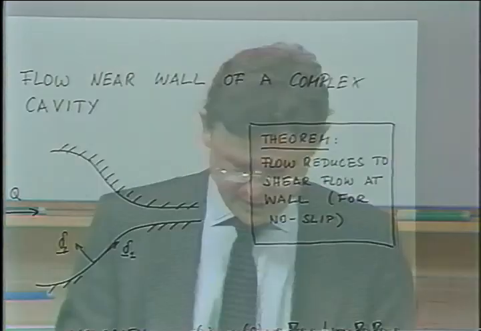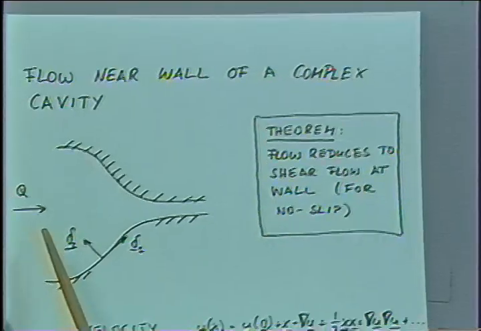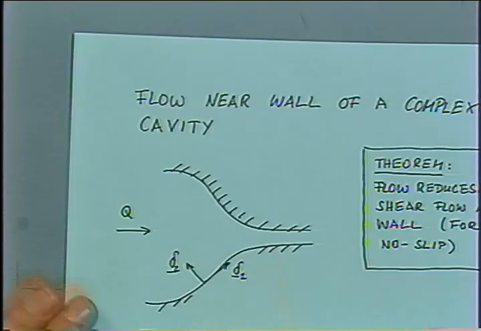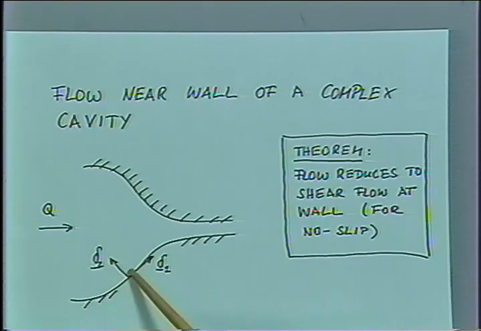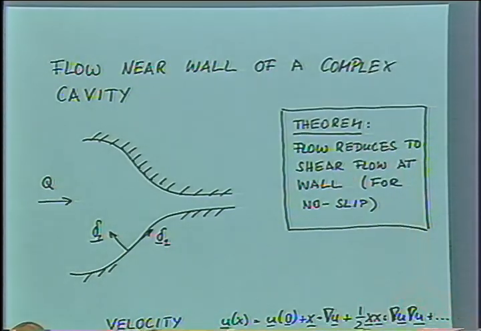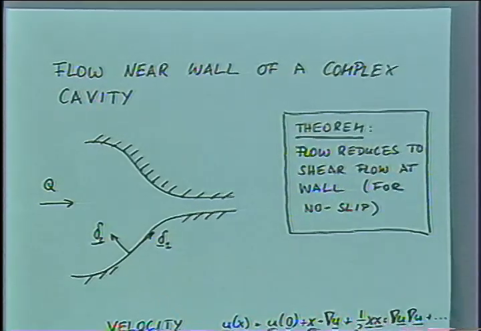Okay? So let's look at this theorem here. It says that for any cavity where we push some fluid, say from left to right, we can look at a material element at the wall, and at the wall the flow reduces to shear flow, provided that there's a no-slip condition. That's necessary.